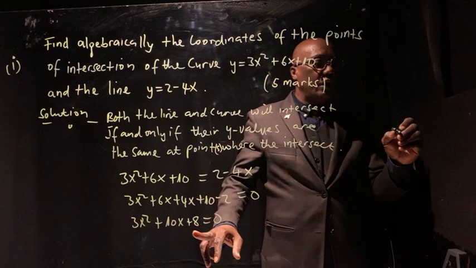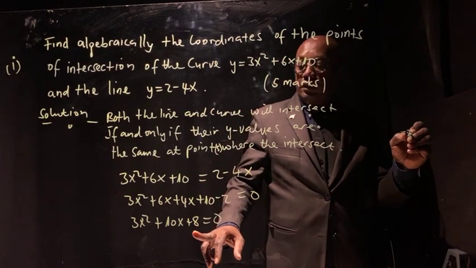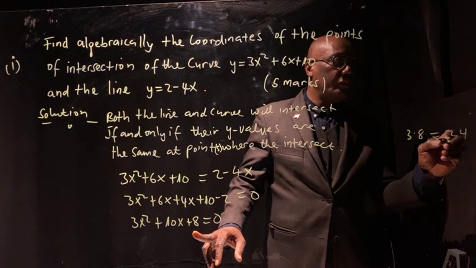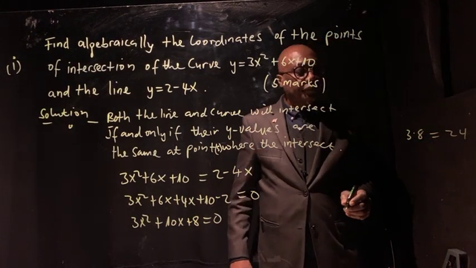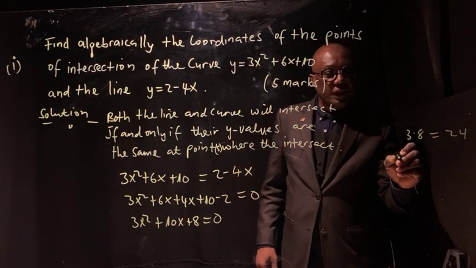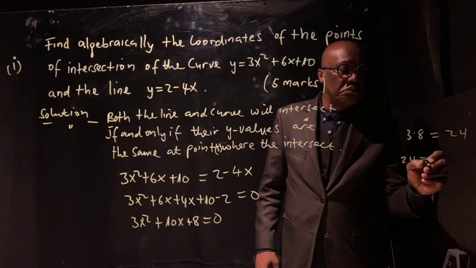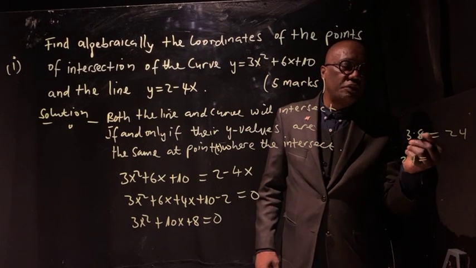In that case, we have 3 times 8, which is 24. 24 has factors like 3 times 8.